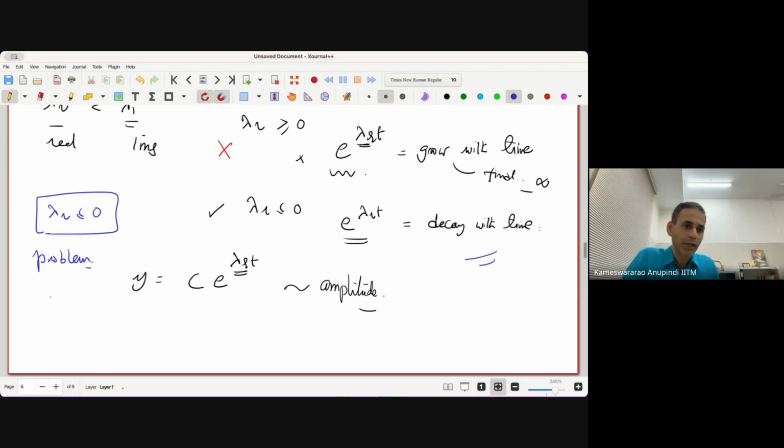And then it can take any lambda_i value. We are really not worried about lambda_i, because it is going to define only the phase, or the oscillatory part, of the solution.